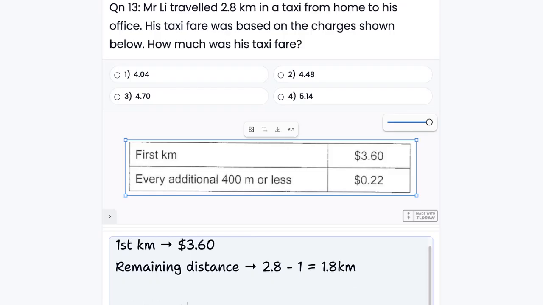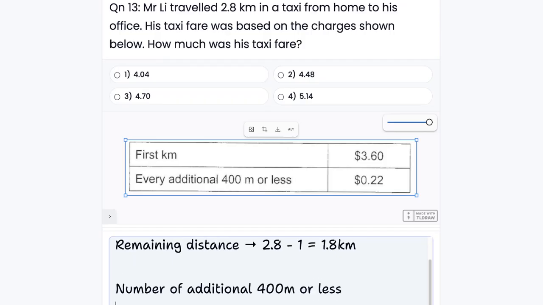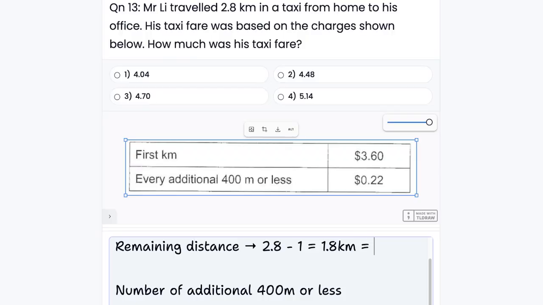So the number of additional 400 meters or less is 1.8 kilometers divided by 400 meters. So we need to convert 1.8 kilometers. 1.8 kilometers is equal to 1.8 times 1000 meters, equal to 1800 meters.